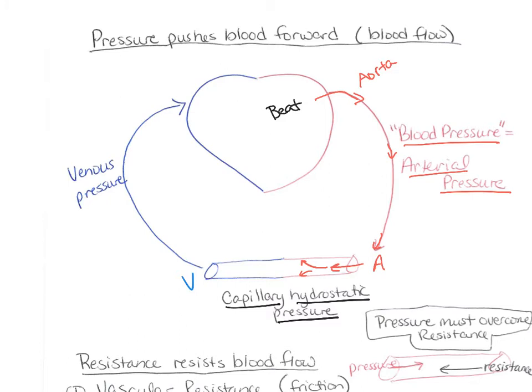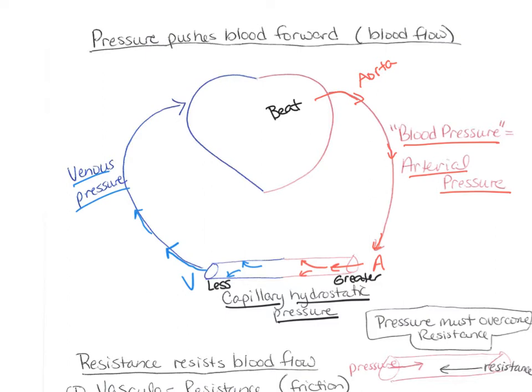The capillary hydrostatic pressure is going to be greater at the arterial end, and by the time it gets down to the venous end, it decreases a little bit, so it'll be less at the venous end of the capillary. From there, the blood is going to move into the veins. There's a lot less venous pressure in the veins, so the blood flow will be a lot slower once the blood gets into the veins.